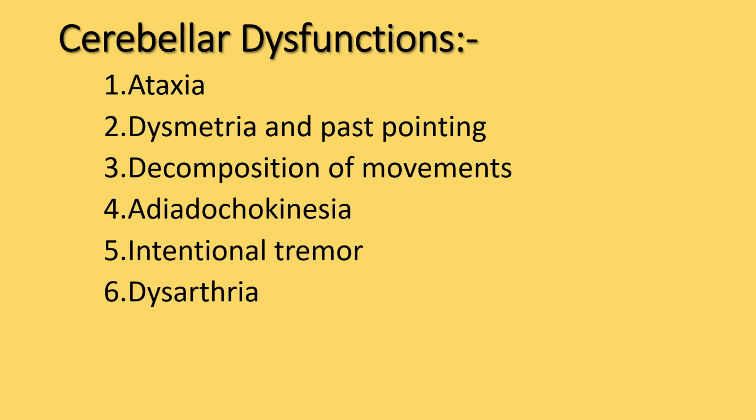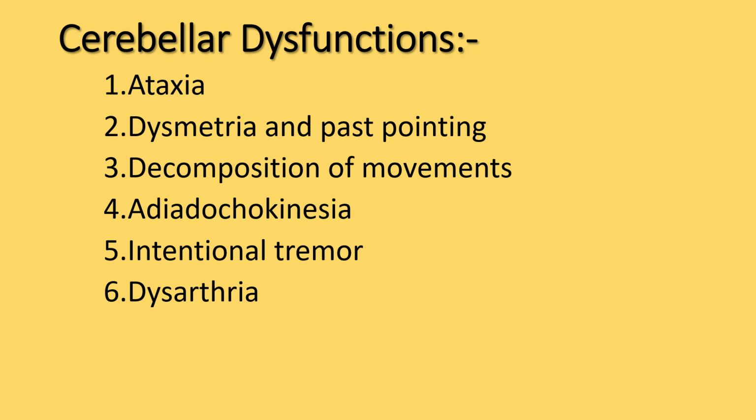It is due to the loss of the damping function of the cerebellum. The ability to prevent overshooting movement is the damping function, the main function of the cerebellum. So dysmetria and past pointing are due to the loss of the damping function of the cerebellum.